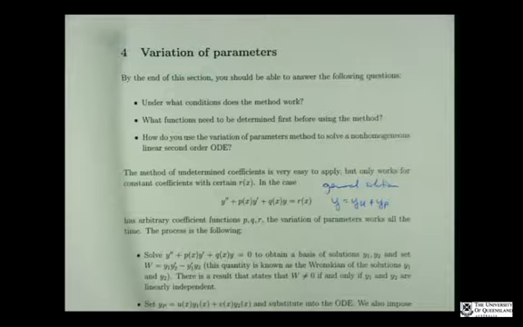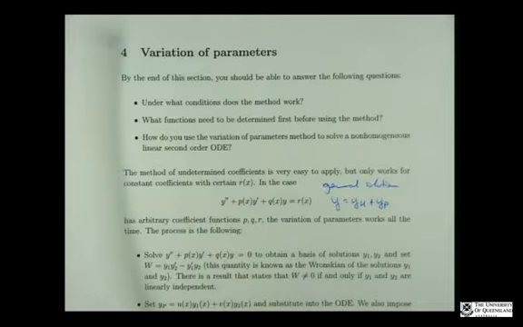What we saw last time was the method of undetermined coefficients, so-called because we look at the form of the right-hand side, and depending on what that is, we make an educated guess for the form of the particular solution, and we solve for the undetermined coefficients. What it came down to was substituting a good guess into the left-hand side of the differential equation and setting it equal to the right-hand side.